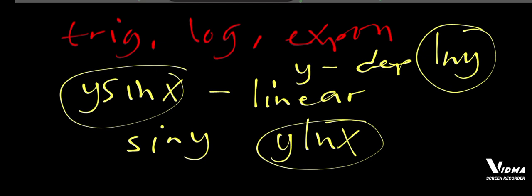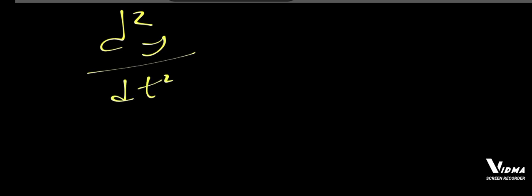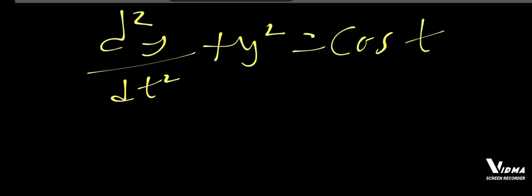Okay, so I'm going to practice some examples with you. The first one is d square y over dt square plus y square equal to cos t. With this, our dependent variable is y and our independent variable is t.